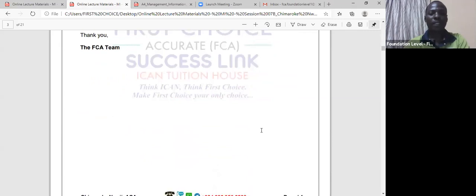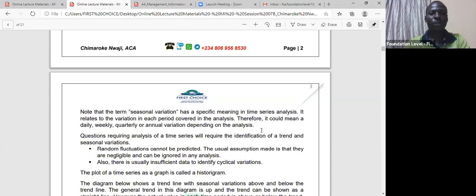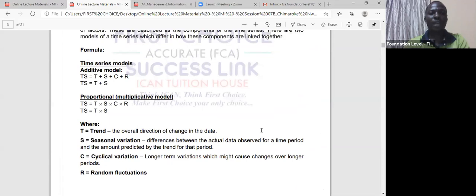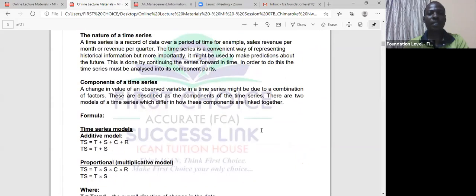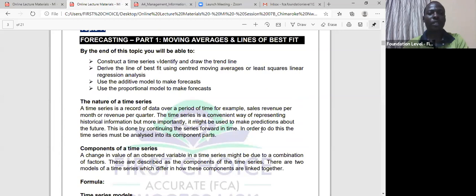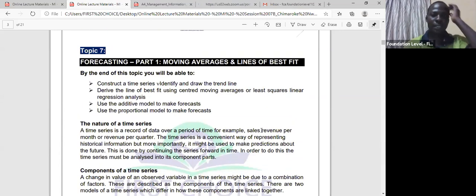All right, so we started with forecasting as a topic, and we did part 1 last time. We said at the end of the topic, we should be able to construct a time series.